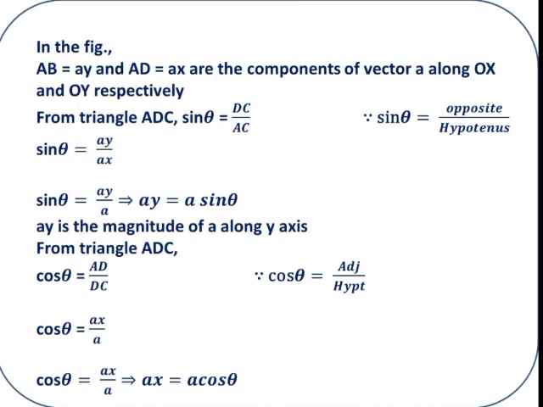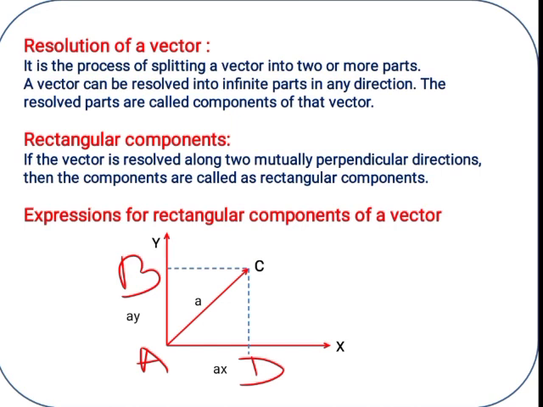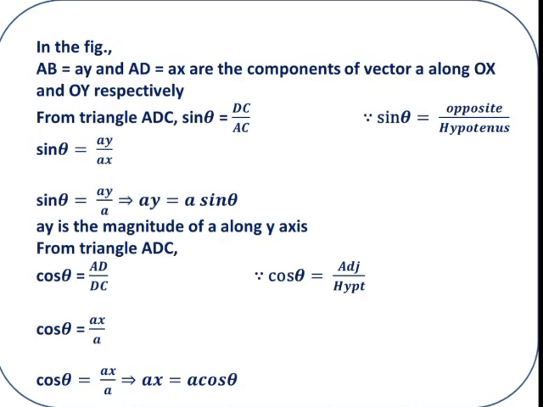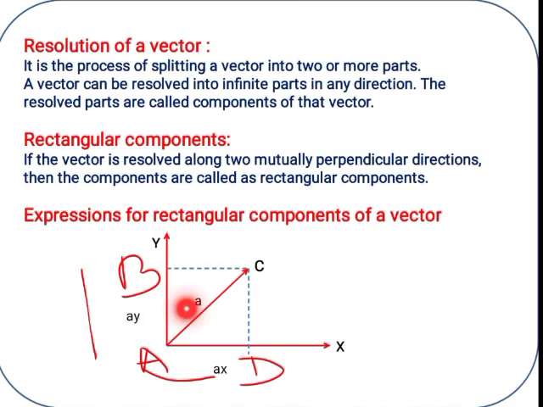Next, from the figure, AD is AX and AB is AY. So AB is equal to AY, AD is equal to AX. They are the rectangular components along OX and OY respectively.